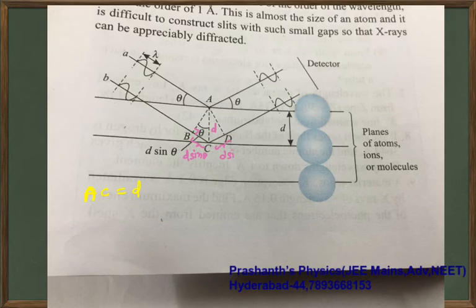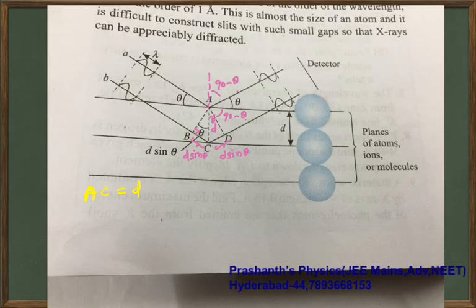On this side also it will become d sin theta. This angle is theta, because this is 90 minus theta and this is your normal. Now don't think these two are vertically opposite angles. No, theta and 90 minus theta are not vertically opposite angles. This diagram must give you clarity so you do not get confused.